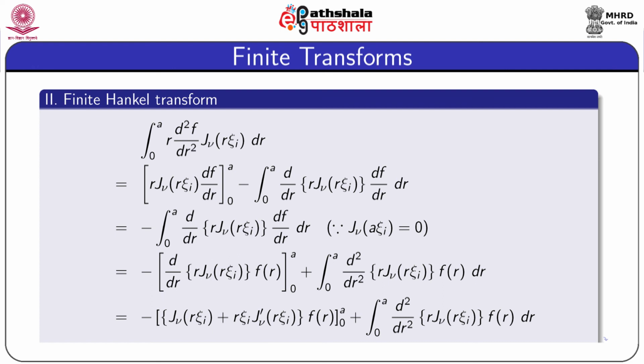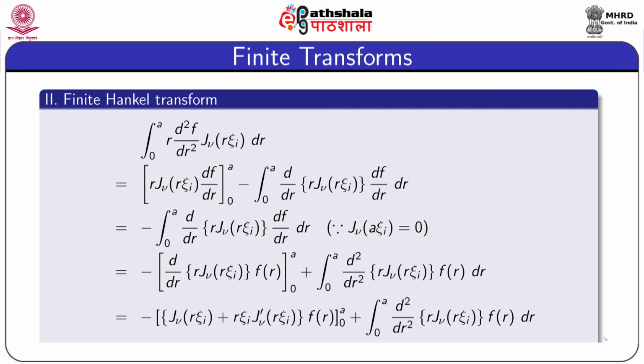If you see the expression, the term in the square bracket can be written as follows. Here we are taking the derivative and expanding the term d by dr of r J_nu.